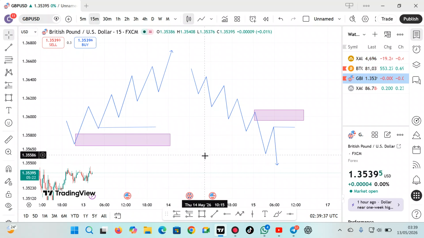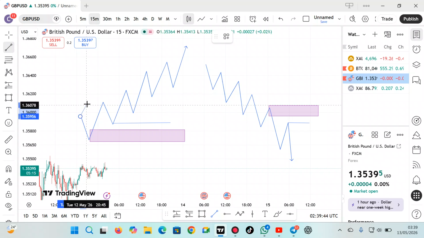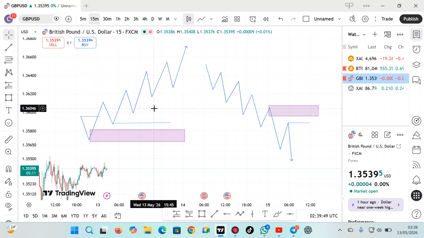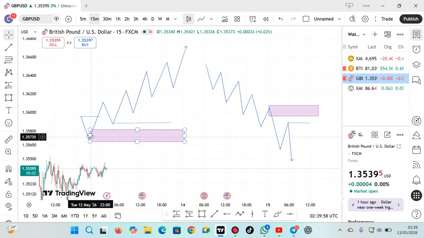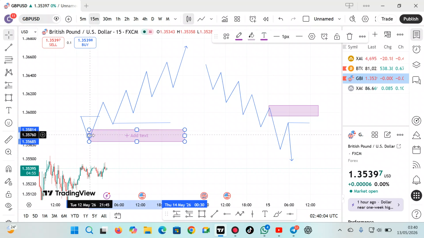Now the next one we are going to talk about is BOS, break of structure. If the market is moving up, it's going to be breaking structure to the upside, so the break of structure is what is going to confirm the OB is in the right place for the market to still come and activate on that particular zone and still move to the upside.